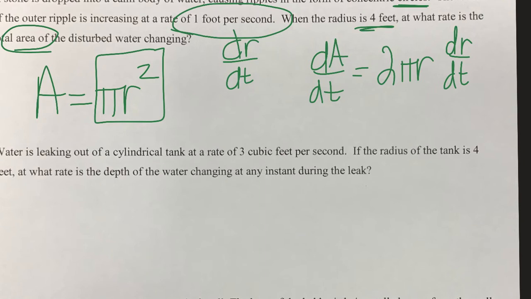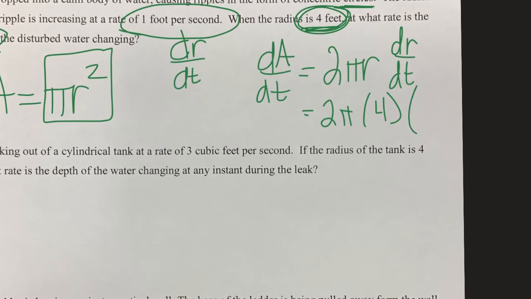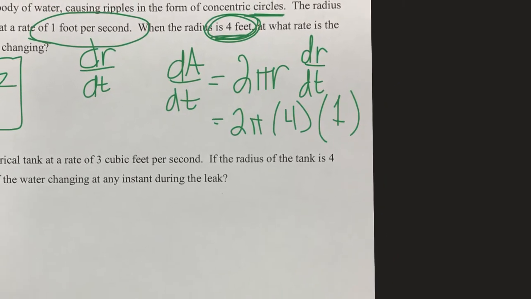Now it's just a matter of plugging and chugging. We know that the radius is 4 feet, and when the radius is 4 feet, the radius is increasing at 1 foot per second. If I multiply these together, I get 8 pi.